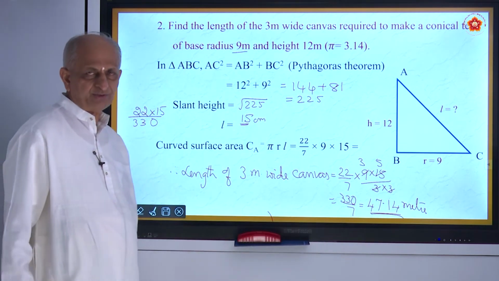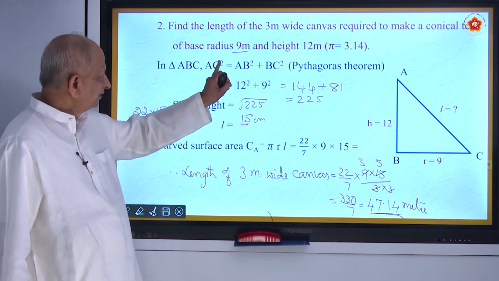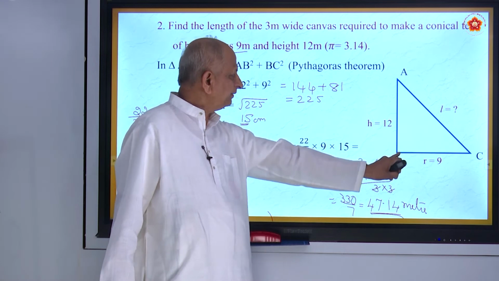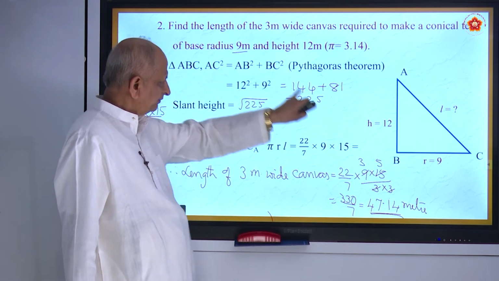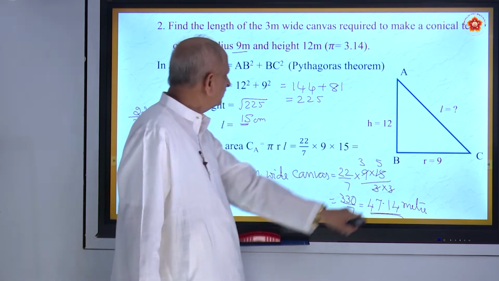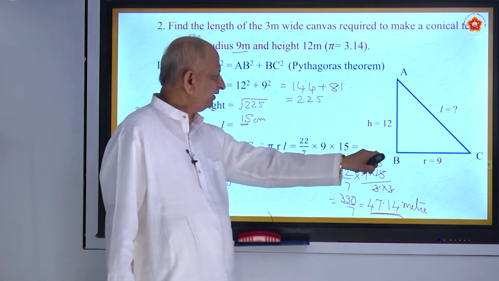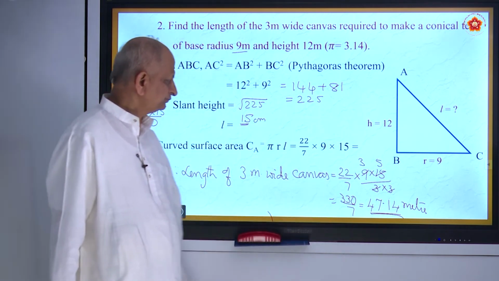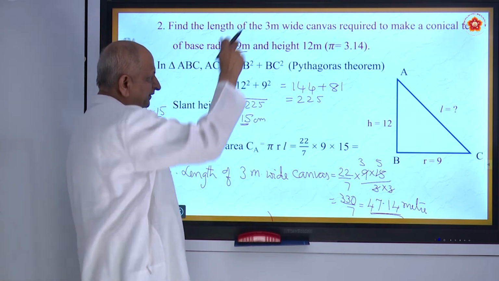So you must think what is given. Radius is given to be 9 meters. Height is given to be 12 meters. So using that, you must know what is meant by canvas.